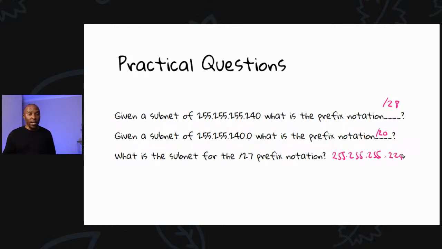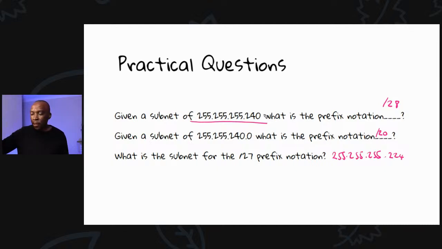So you're probably wondering, how did I get to this? If you're lost, let's work together. Here we've got the subnet value, and we're looking for the notation. How do we calculate? We are adding our binary values.